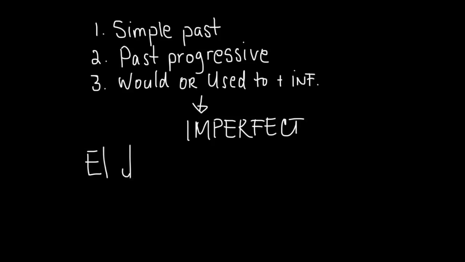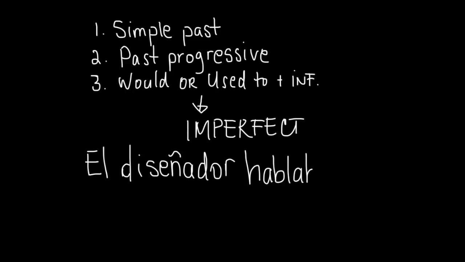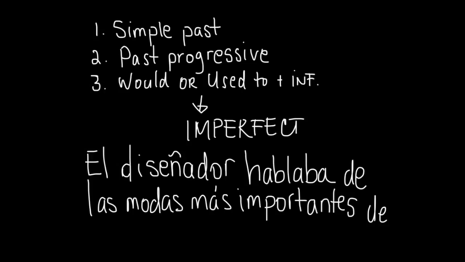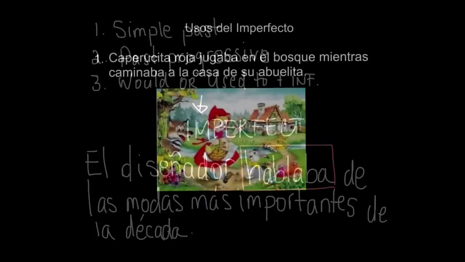So our previous sentence in Spanish will be: el diseñador hablaba de las modas más importantes de la década. And notice that the verb hablar is in the imperfect tense, hablaba.